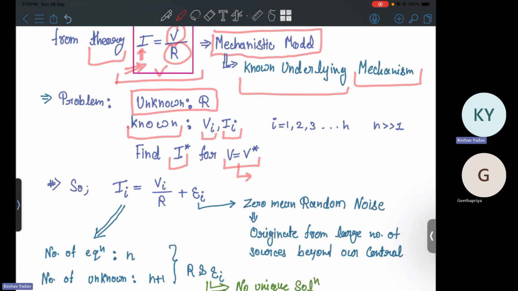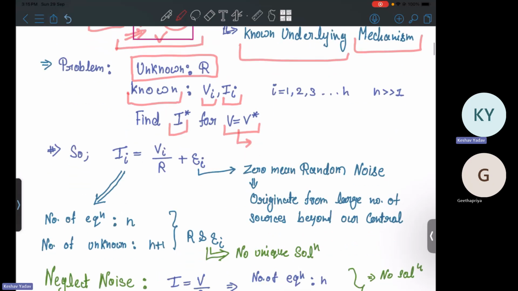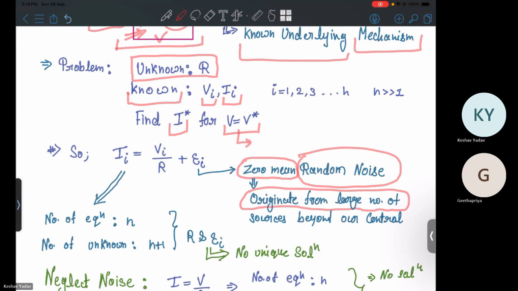So what will be the relation? There will be some random errors or random noise related to our experiments. This random error will have zero mean. It will originate from a large number of unknown sources that are beyond our control.